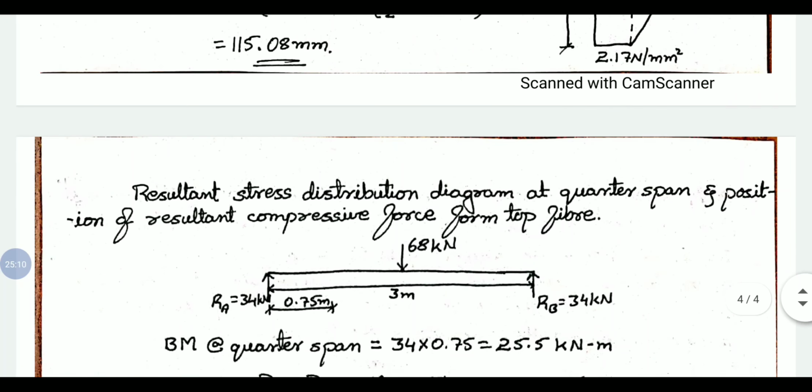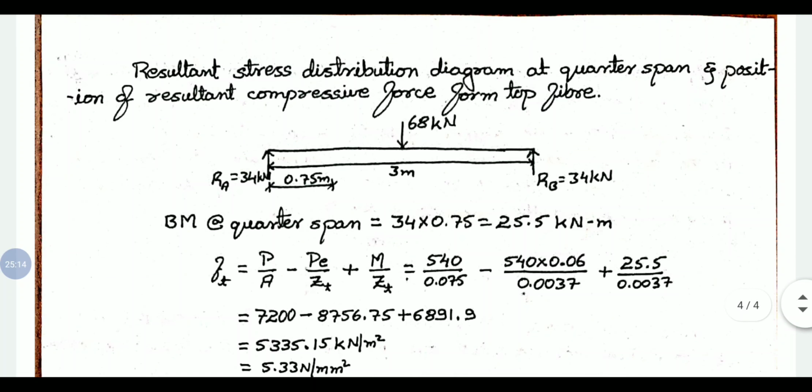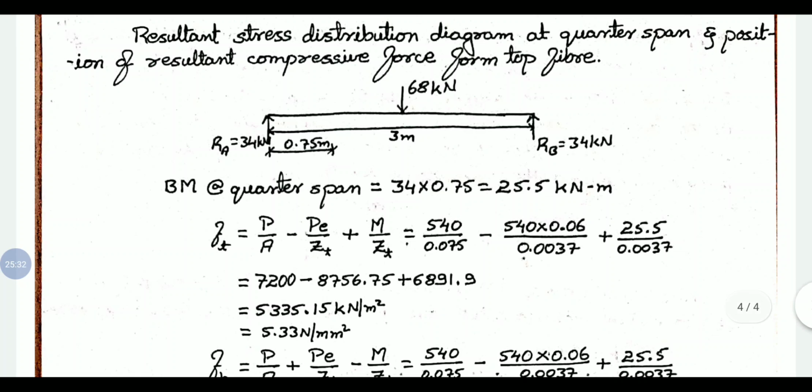In the next case, the same thing we need to calculate with respect to quarter span. So total span is 3 meter, quarter is 1 by 4 of the span, meaning 0.75 meters. So 68 kilonewton is the only load, acting at the midspan. So support reaction will be 34 kilonewton. Bending moment at quarter span we need to calculate.